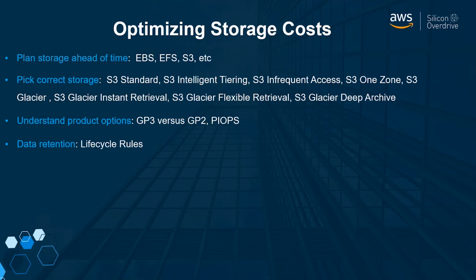At some point there's absolutely no value, because you're not going to want to go back to that sort of version. You're assuming you'd only ever really want to go back to something within the last few months. So lifecycle rules are an easy way, and you can implement them in multiple services, but the most common is S3 and your database and restore data, where you can set it up so that anything over a period of time will move from S3 into Glacier, or from Glacier get deleted.